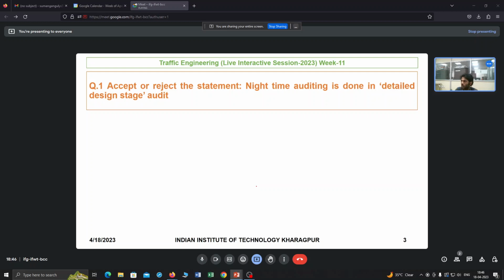So the first question in the Q&A is an accept or reject type question. Nighttime auditing, it is referring to road safety auditing. It is done in the detailed design audit.